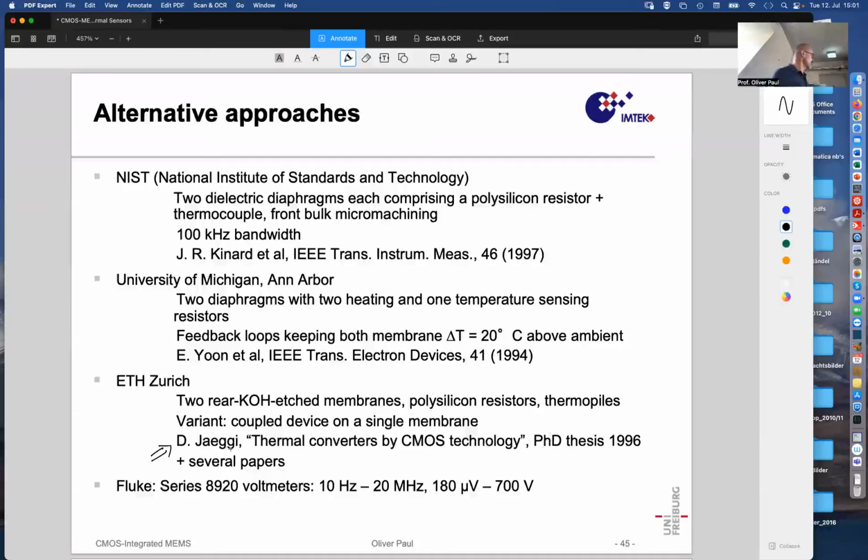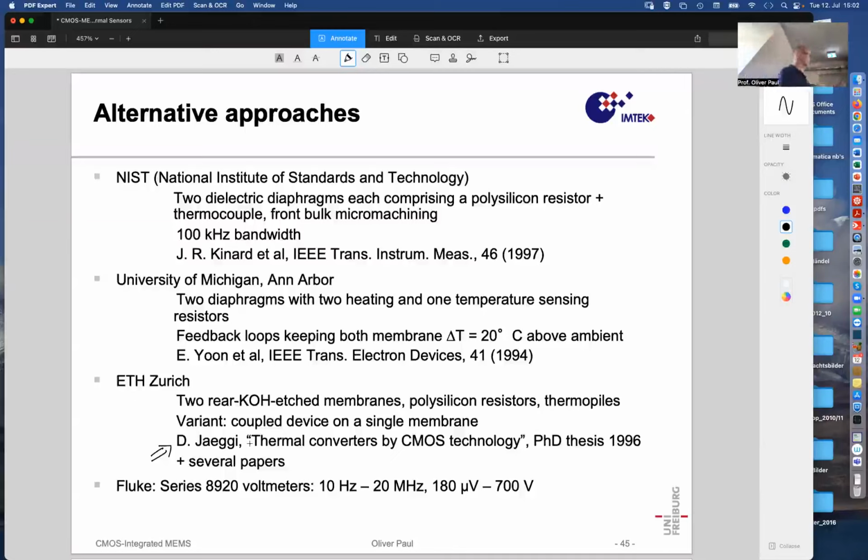This was a structure on the basis of two membranes, like the infrared radiation sensors that are membranes, but he had, of course, some heating resistor going through that membrane, and then thermopiles to measure the delta T. Through one heating resistor came the time fluctuating V in, through the other came the VDC, the direct current reference signal, and then by comparing the outputs of the two thermopiles, he could again operate this as a thermal converter.